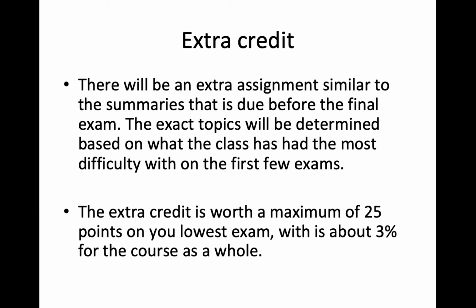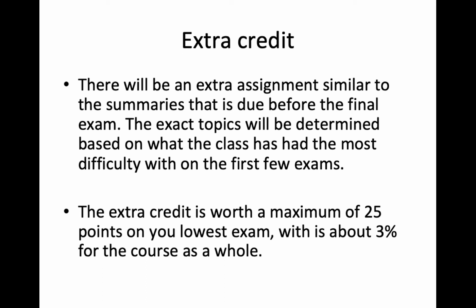There is an extra credit available in the course. Traditionally, I do a 2-page paper over topics that students have had difficulty with on the first few exams, but since we are expanding the format of the summaries, you can turn in any assignment that you did in the summary for the final, or for the extra credit, and that is worth 25 points on your lowest exam, not the final, because this is due by the final.